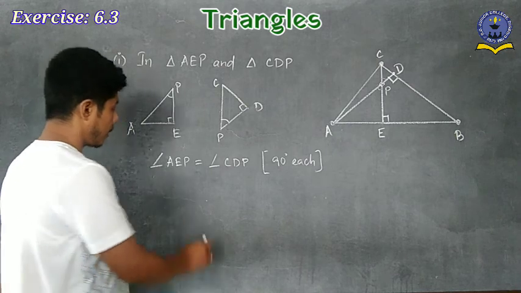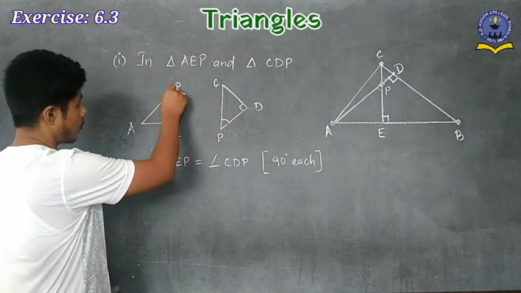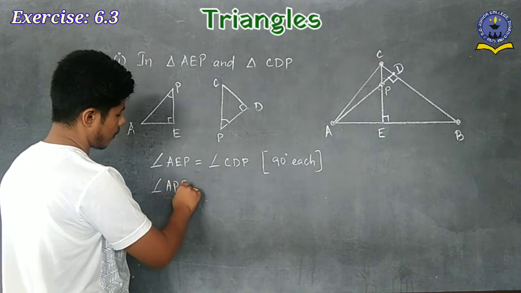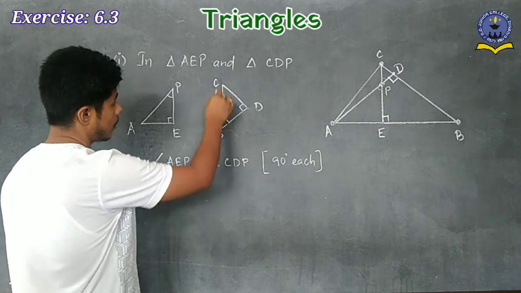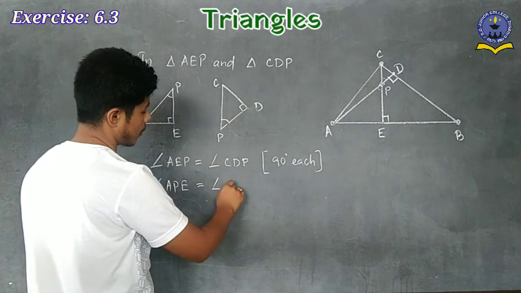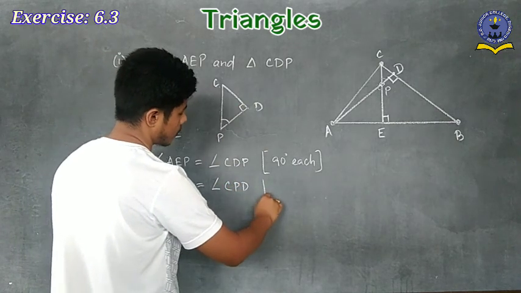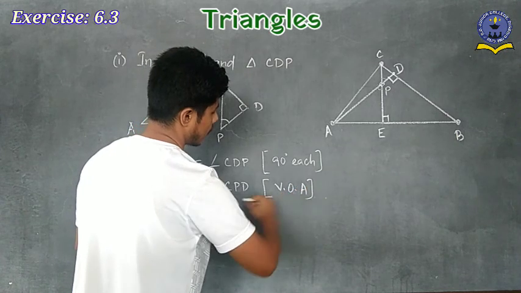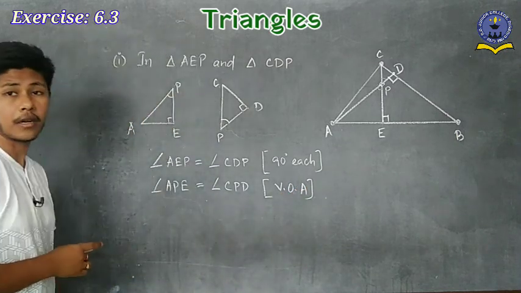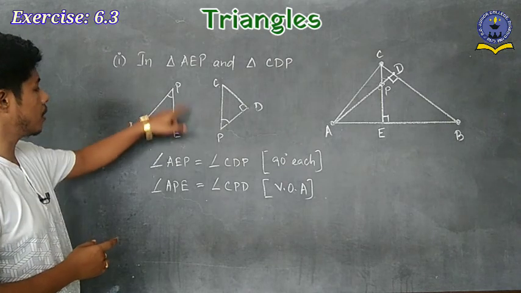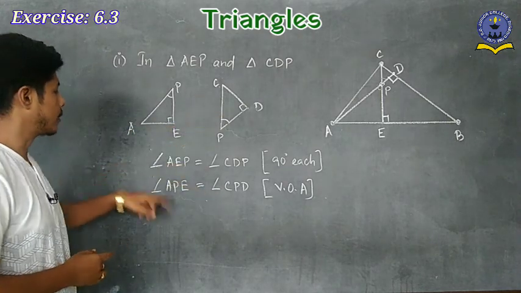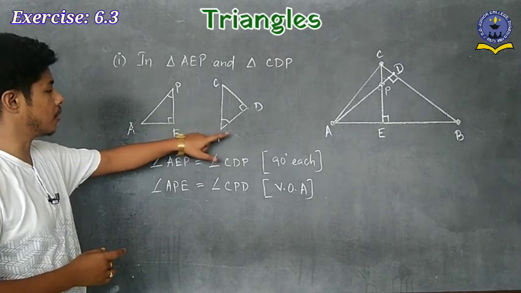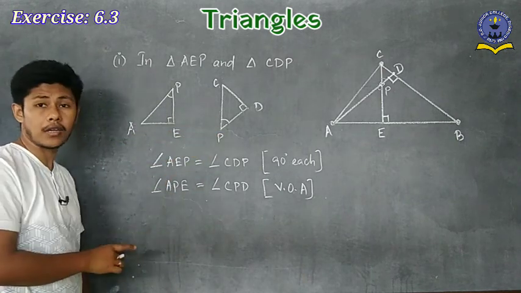The next one, second, we write angle APE is equal to angle CPD, and for this you write vertically opposite angles, VOA. First, AEP and CDP, and second, APE and CPD. So two angles are equal here.